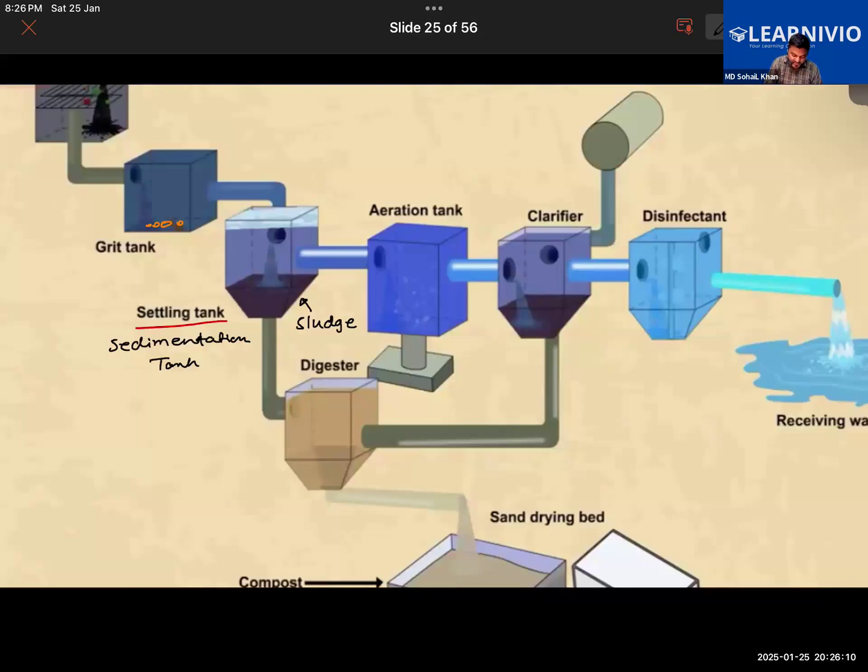Then we also see, though it is not very clear, some foam-like particles settling on top. Oil and grease are lighter than water, so they float on the surface, and from time to time the oil and grease is removed with the help of a skimmer.